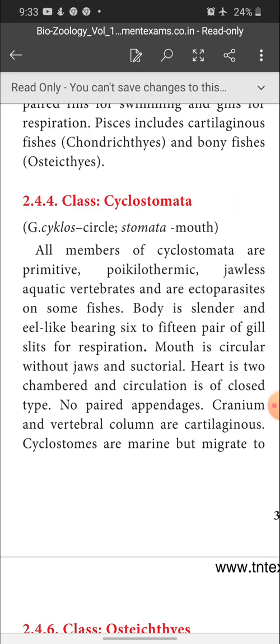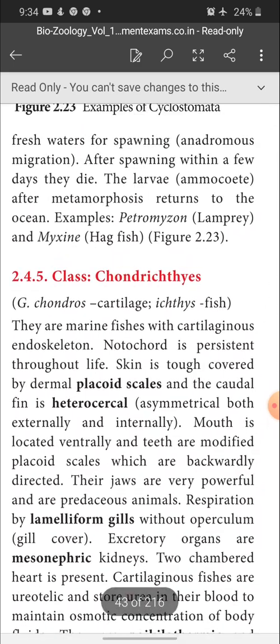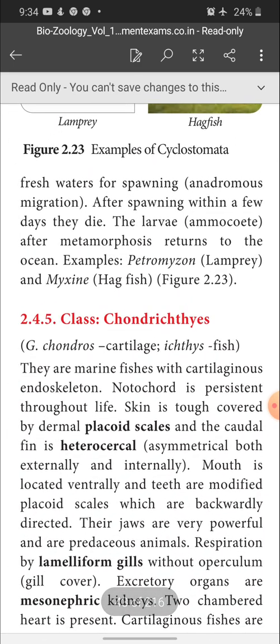So the animals of class Cyclostomata have an endoskeleton. The endoskeleton is made up of what? Cartilage. And cyclostomes are marine but migrate to freshwater for spawning. What is meant by spawning? It is for reproduction.